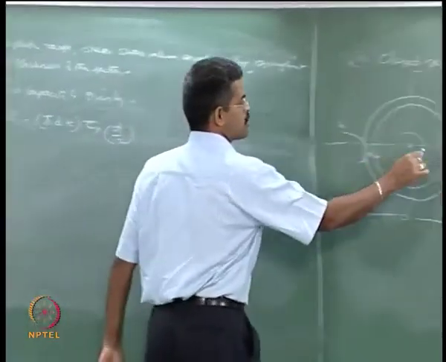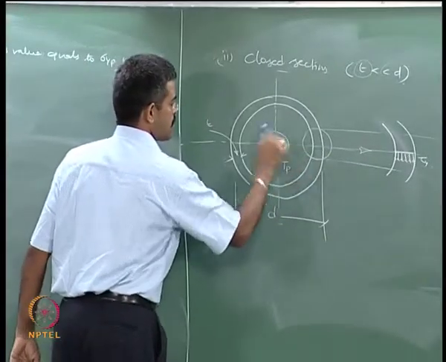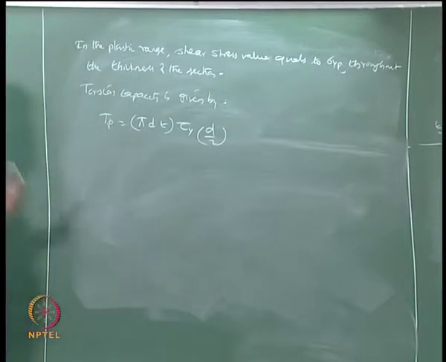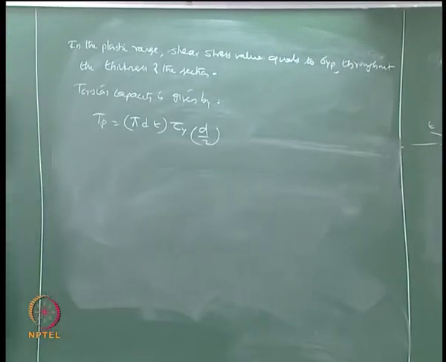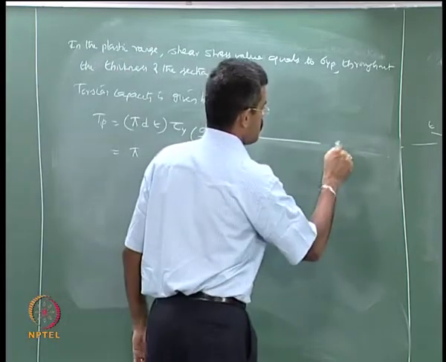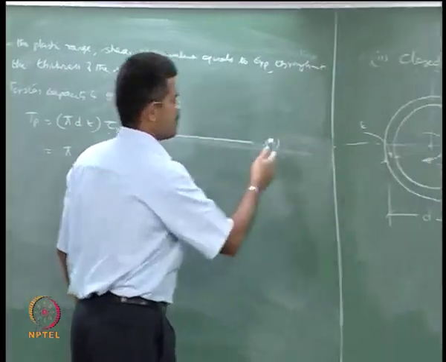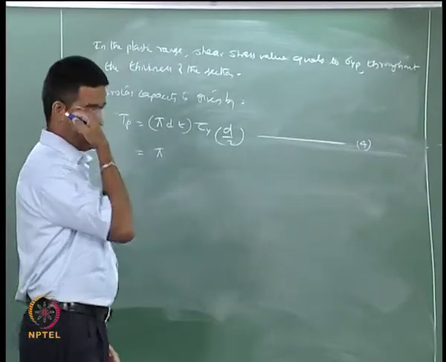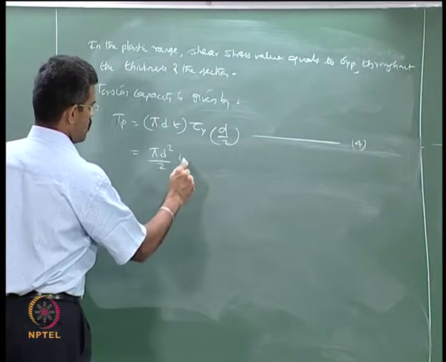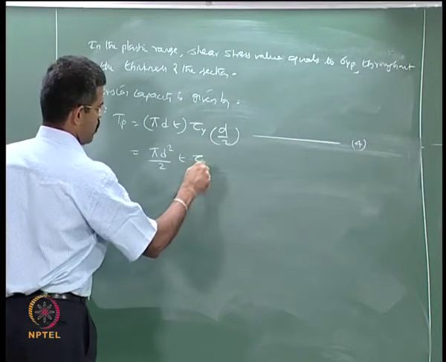I am talking about the stress values here, this is d by 2, I am taking moment about the center, is it not? Torsion is about the center, d by 2. So I can call this equation number, I do not remember the sequence, let it be 4, is that okay? So Tp equals pi d square by 2 t tau y.